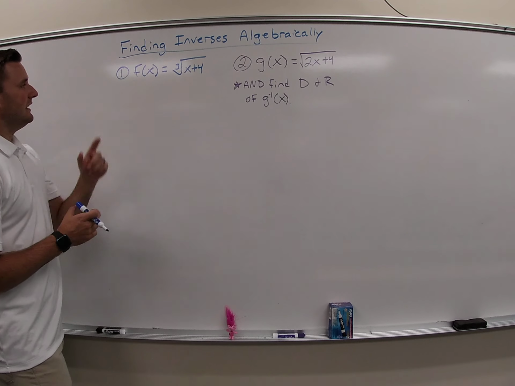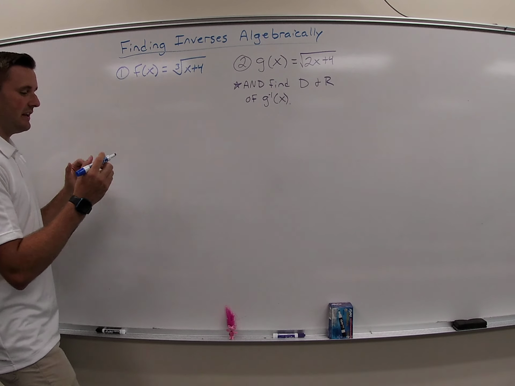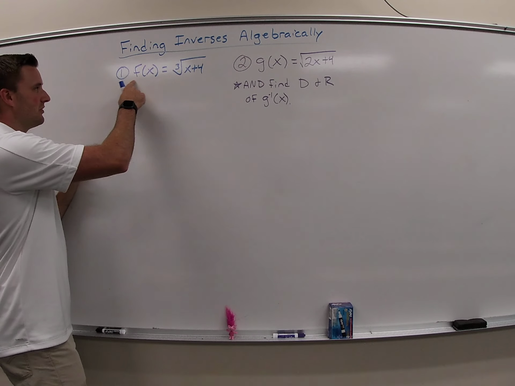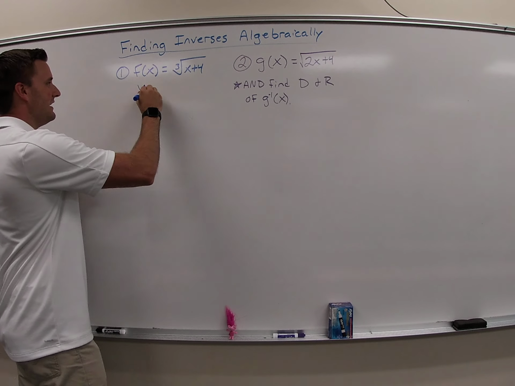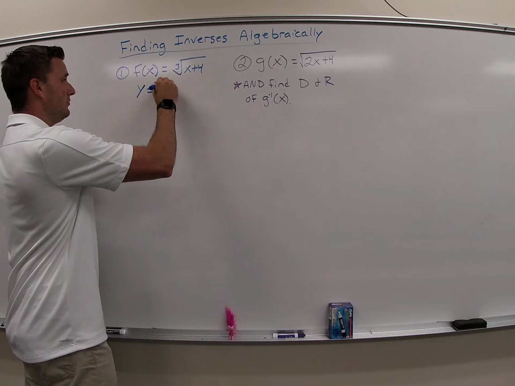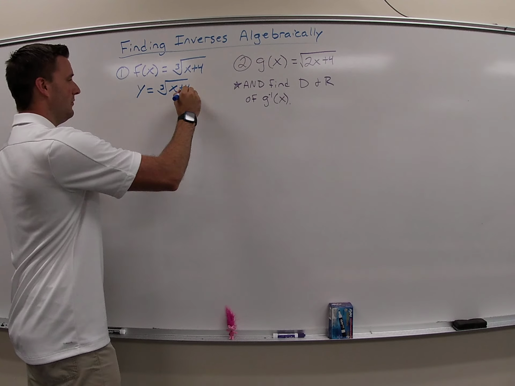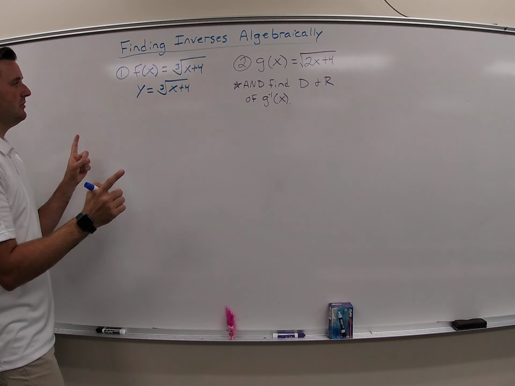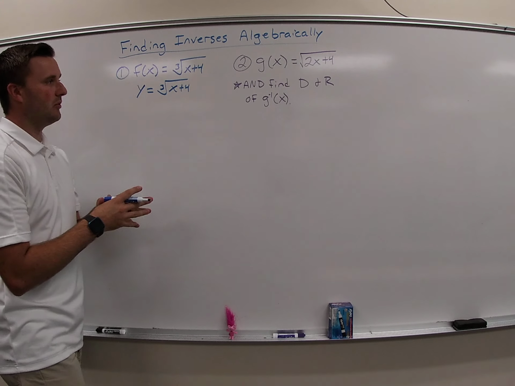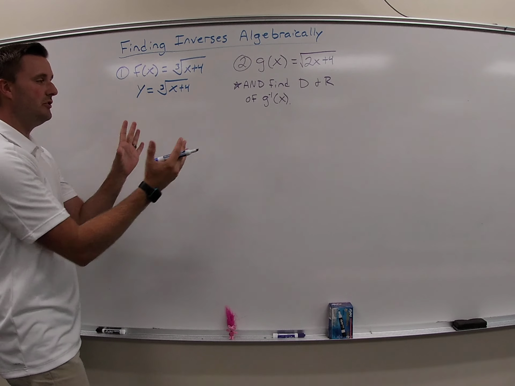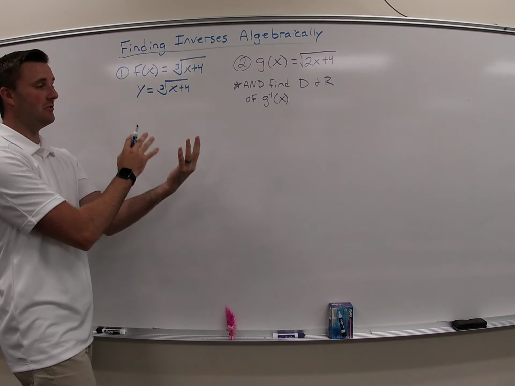Now, in number one, to find the inverse, one thing I like to do is replace our function name with y. So I just say y equals the cube root of x plus 4. And then, I don't know if you remember when we did this graphically, but when we do this graphically, you flip your x and y coordinates.